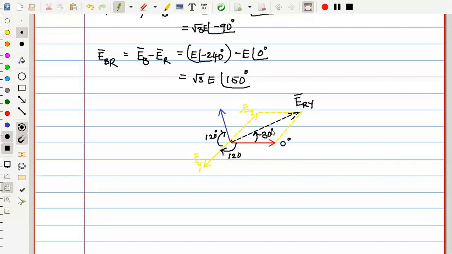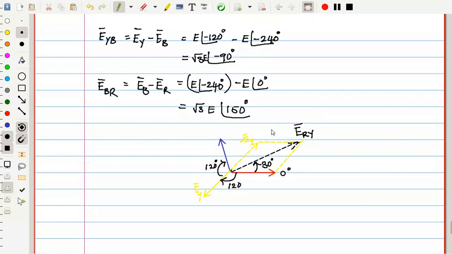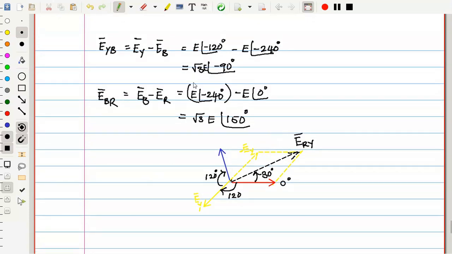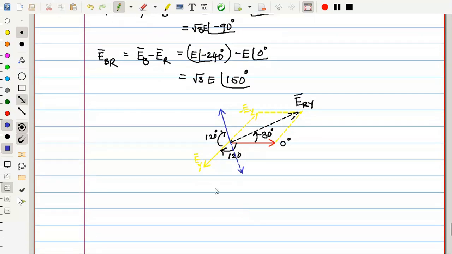Similarly, EYB, right? Yeah. EYB means EY plus of minus EB. Where is EB? Take that negative value. EB negative means in this way. Now draw the parallelogram to get the resultant of EY and minus EB.